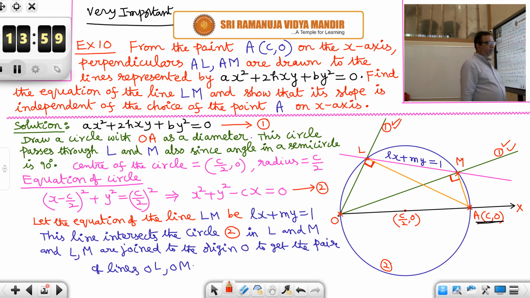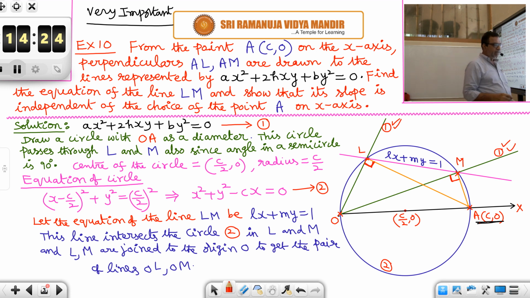See, that circle should pass through the points L and M, is it not? Because you know that angle in a semicircle is 90 degrees. Because angle OLA, see the diagram, angle OLA is 90 degrees, angle OMA is also 90 degrees, because we have drawn perpendiculars from A to the lines.